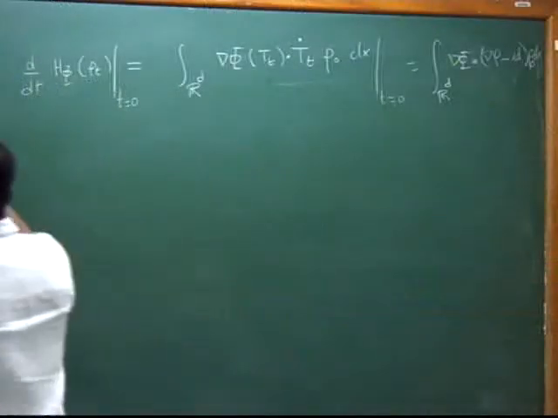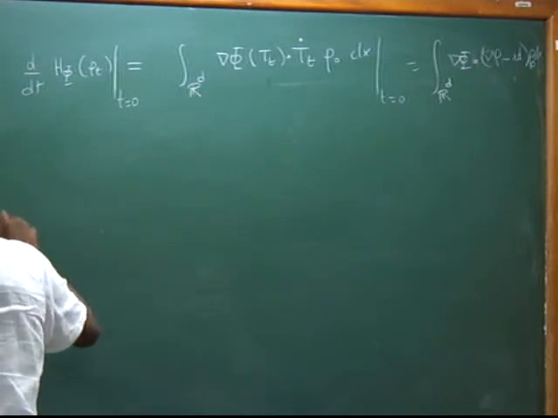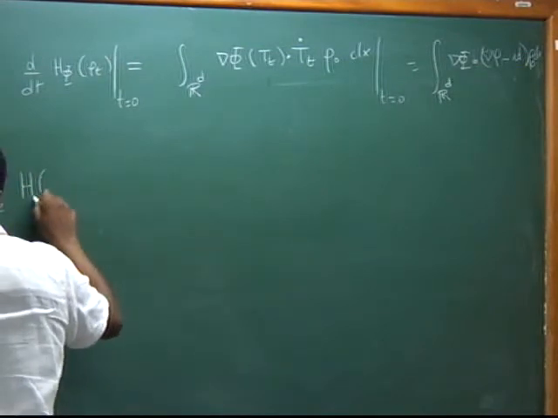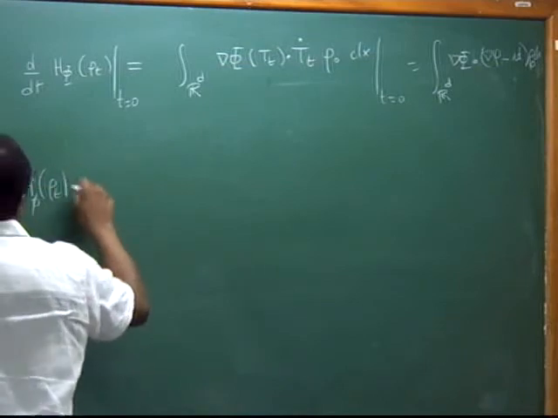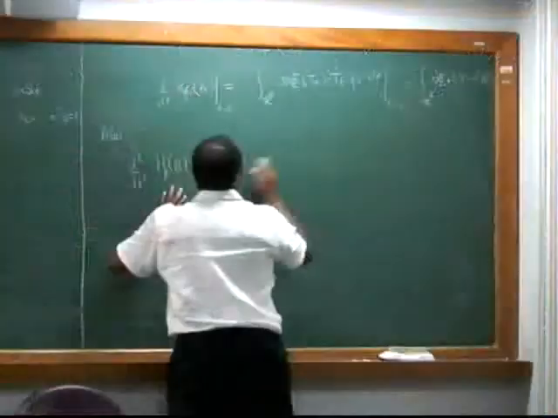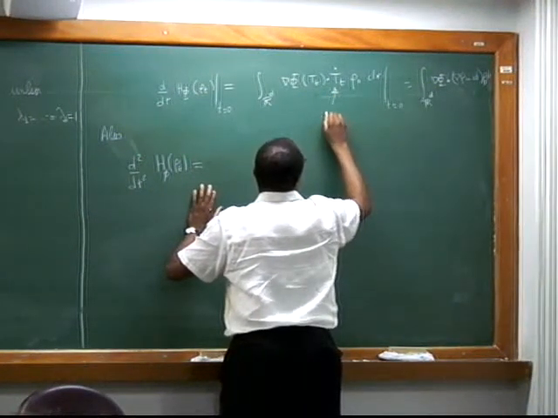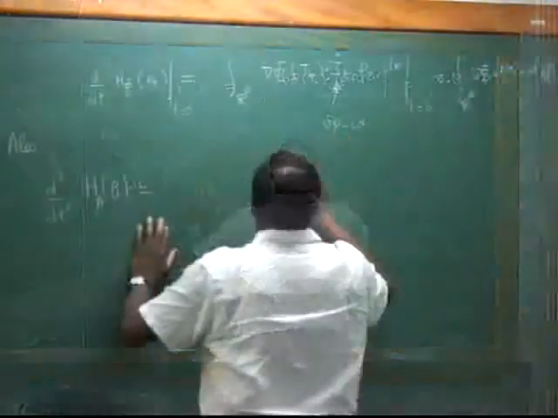Also, if I differentiate H_phi of rho t twice, it means that I want to differentiate this a second time, but that is a constant. It is gradient of phi minus identity.